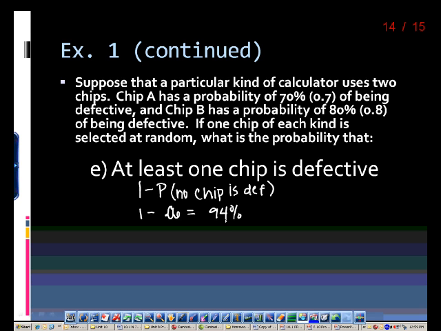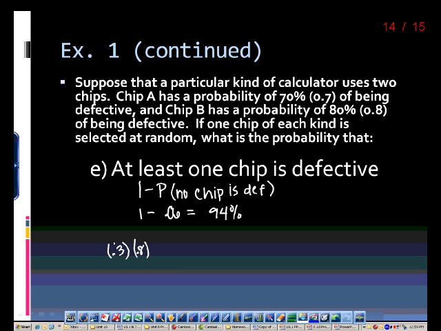A little longer this other way. Yeah. So what are the different scenarios with at least one chip? Could we have A defective, B not? Okay, so if we have A not defective, that's 0.3, and B defective, what's that probability? 0.8. All right.